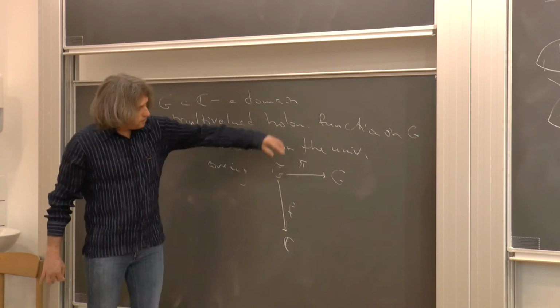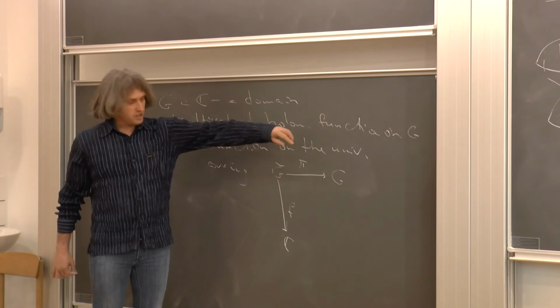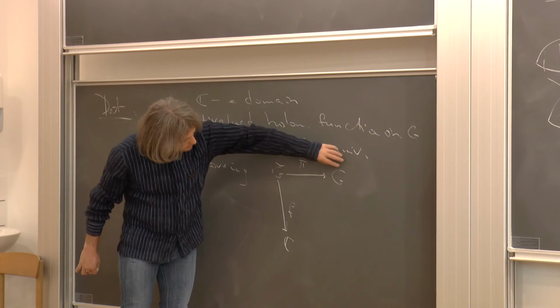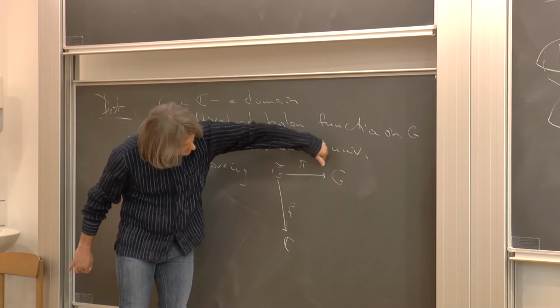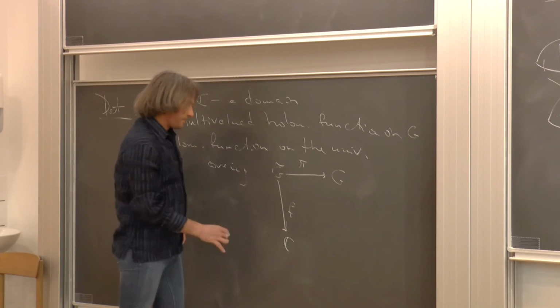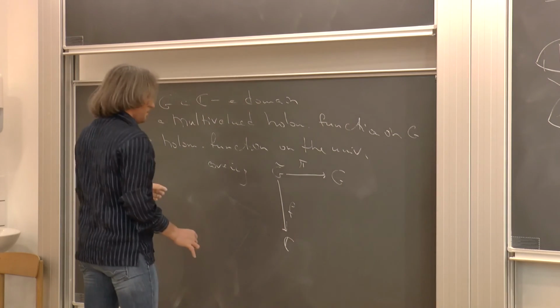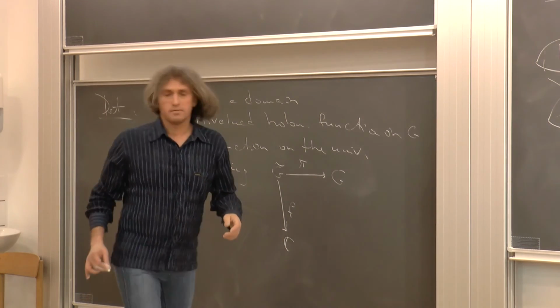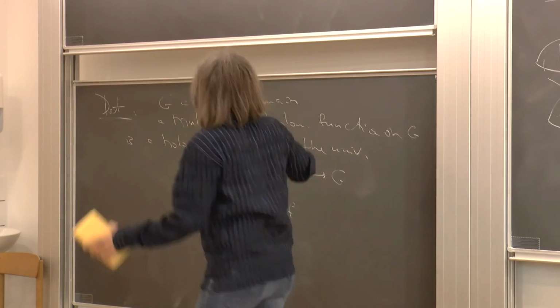Now, choosing a value or a branch of a multi-valued function is choosing a subset here for which you can take a section. If you take a section, then, maybe I should explain this before the end.